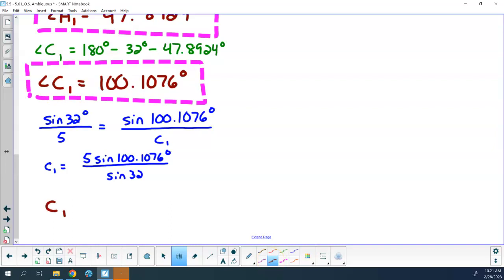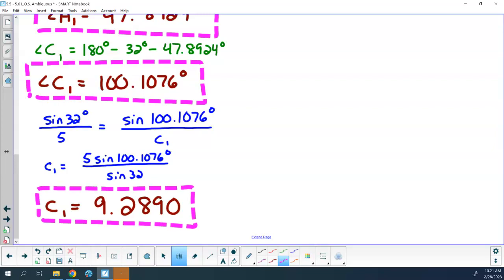And I get side C sub 1 is 9.2890. Yes? Okay. So that's all that I just solved there, my first triangle, using law of sine.